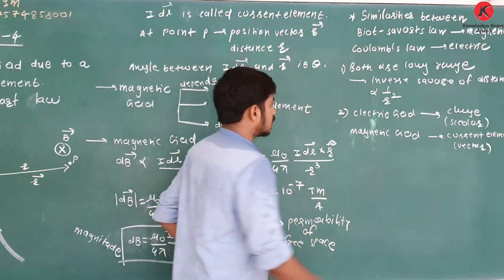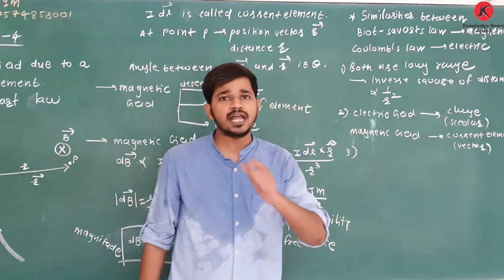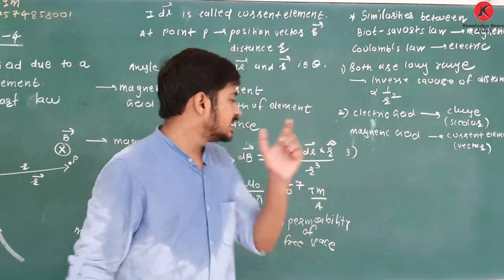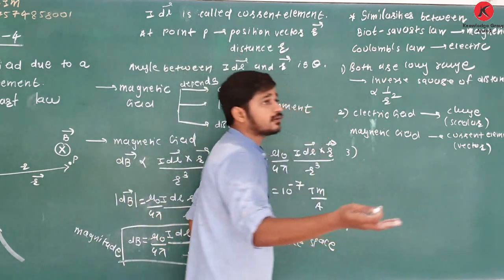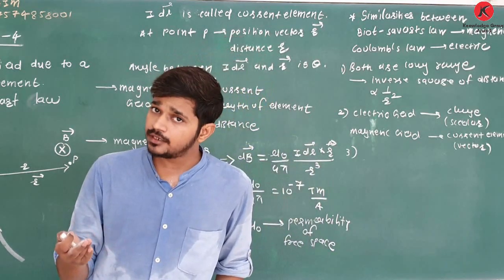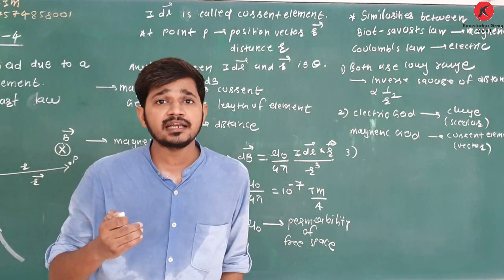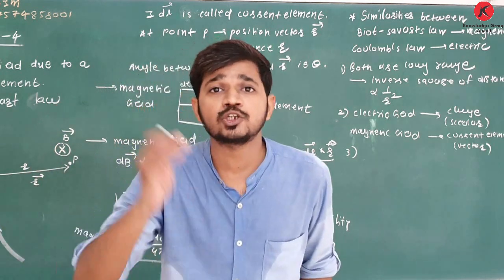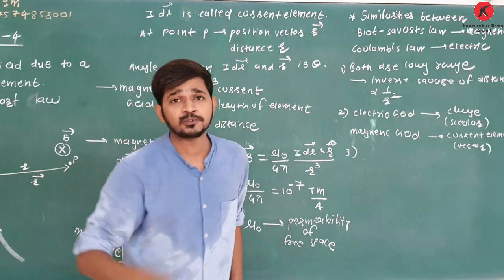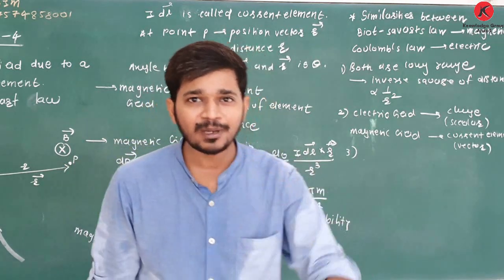Okay, now the third point is about direction. What about direction? We know that due to a positive charge, electric field is radially outside. Due to a negative charge, electric field is radially inside. It means it is in the direction of the position vector, or in the opposite direction of the position vector, if you remember.